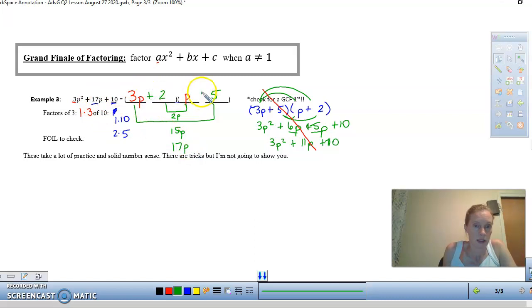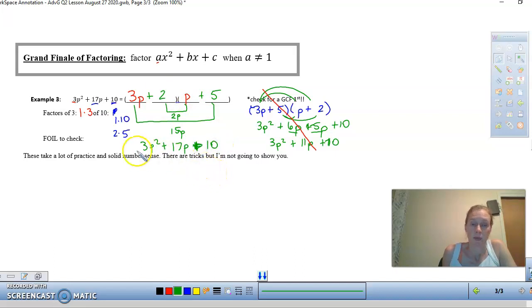So this is the correct factorization. Again, if you FOILed it out, you'd get 3p times p, which is 3p squared. You'd have the 15p and the 2p, which is 17p. And then lastly, the 2 times the 5.